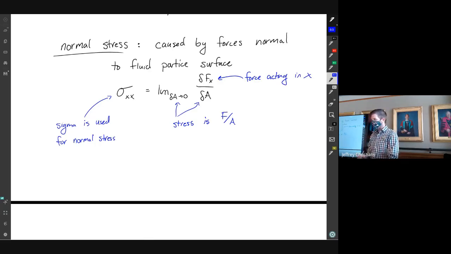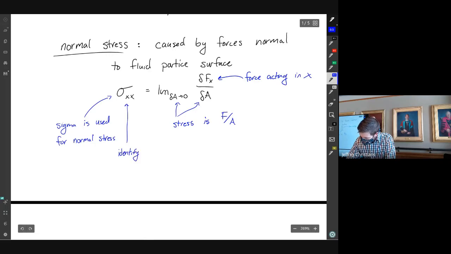And then our sigma xx: the first one is identifying the plane of action. So identify the plane, and it does this.